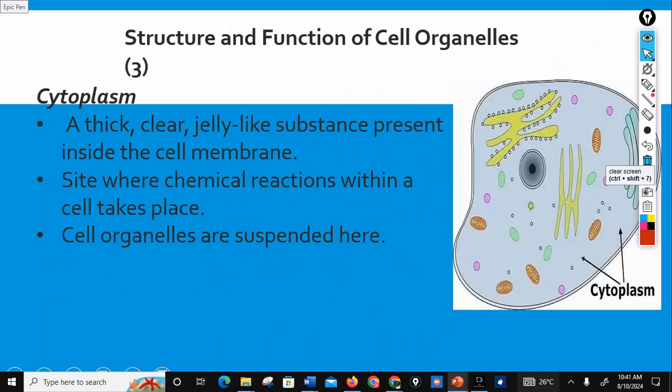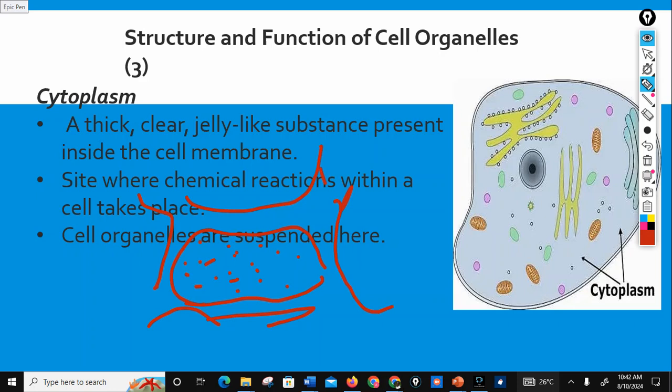All right, let's proceed to the next layer that we will come across as we go into the cell. We've left the outermost part, which is the cell wall, then we went into the cell membrane, which encloses the cell. And now we are into the cell cytoplasm, which we call the cytoplasmic matrix.